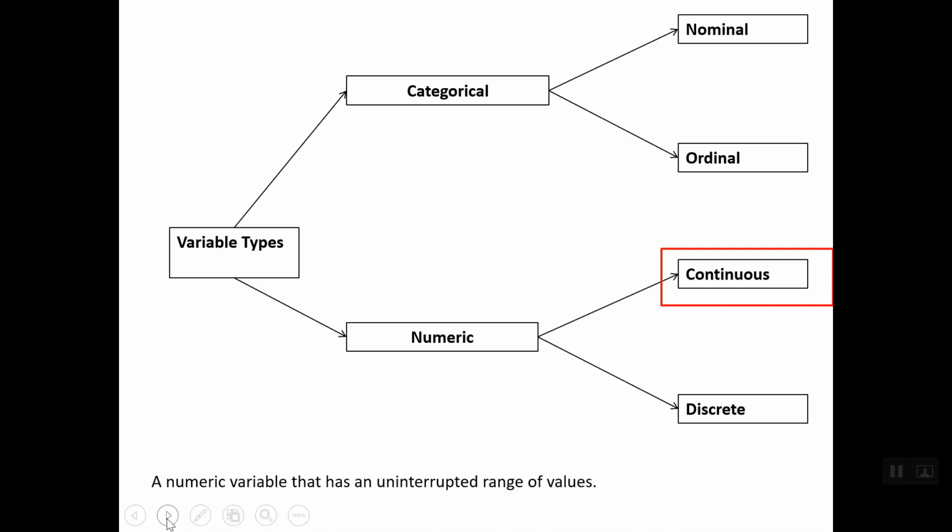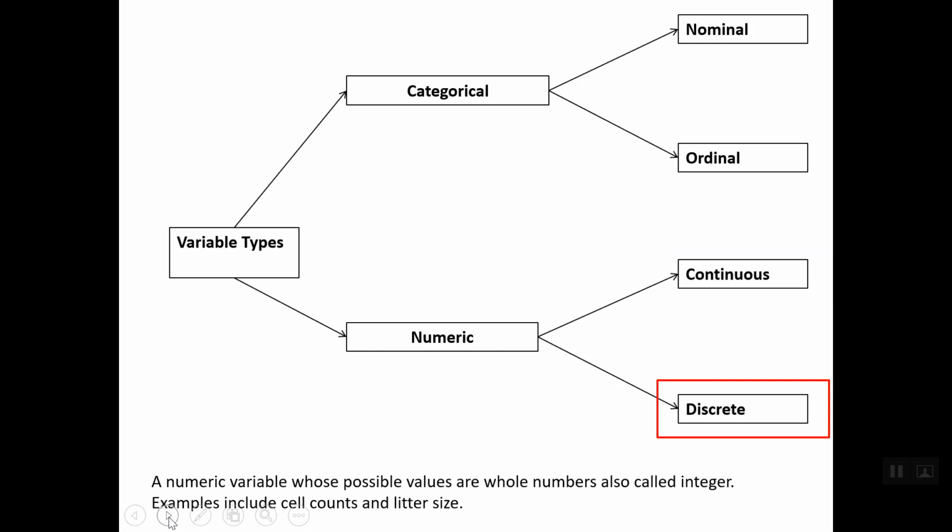So for example, your body weight can range from a low of say 50 kgs all the way up to 150, and it could be any part number in there. In contrast, we have something called a discrete variable, and that's when the values can only be whole numbers. We might also see them called integers.